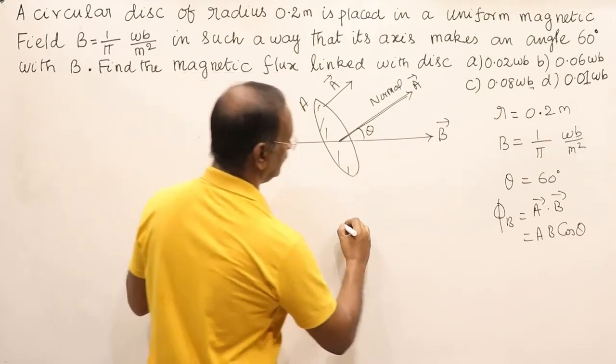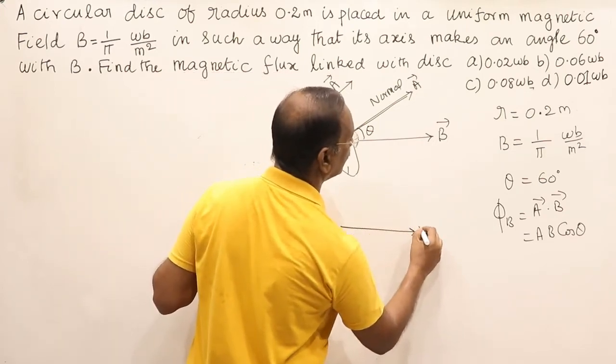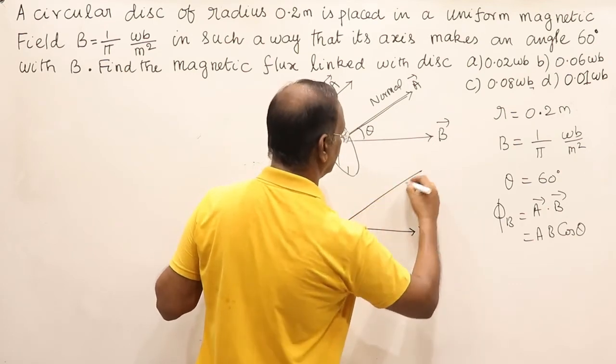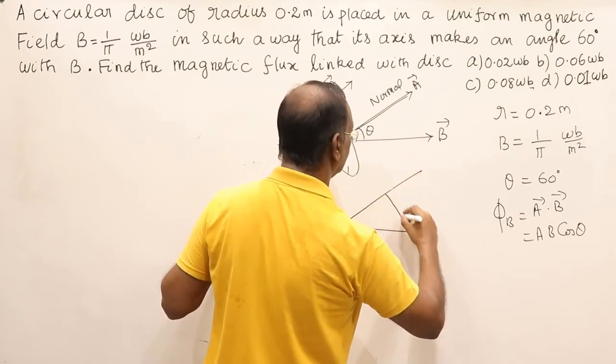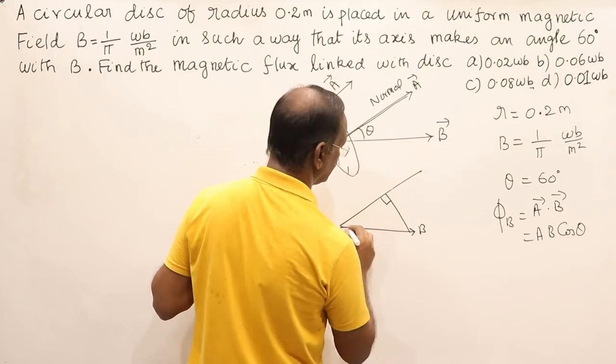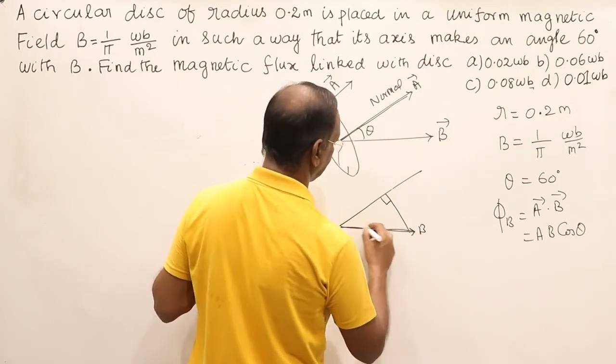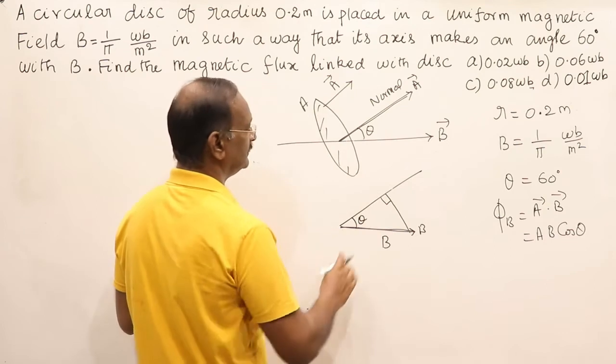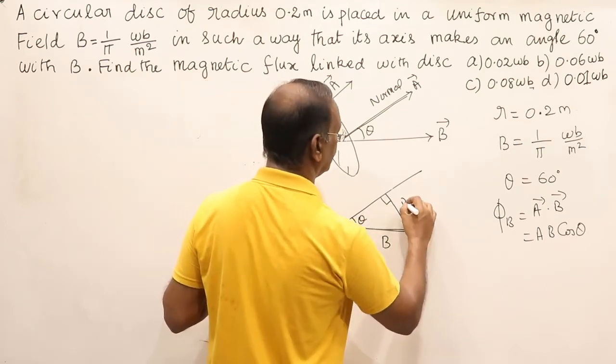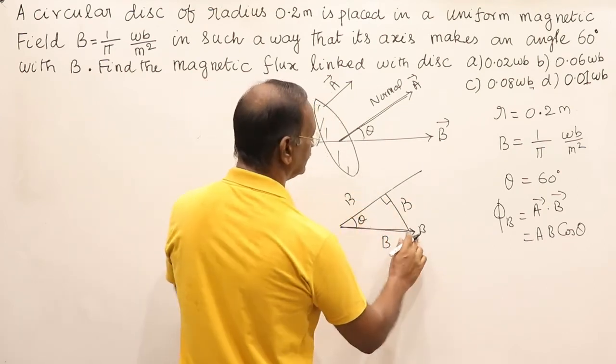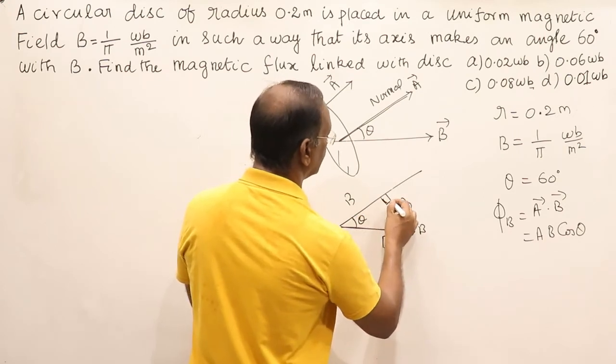Now see here, this is B and this is the normal vector. If you draw a perpendicular to this one, this portion is equal to B and this is theta. This is the hypotenuse, this is the angle, this is 90 degree.